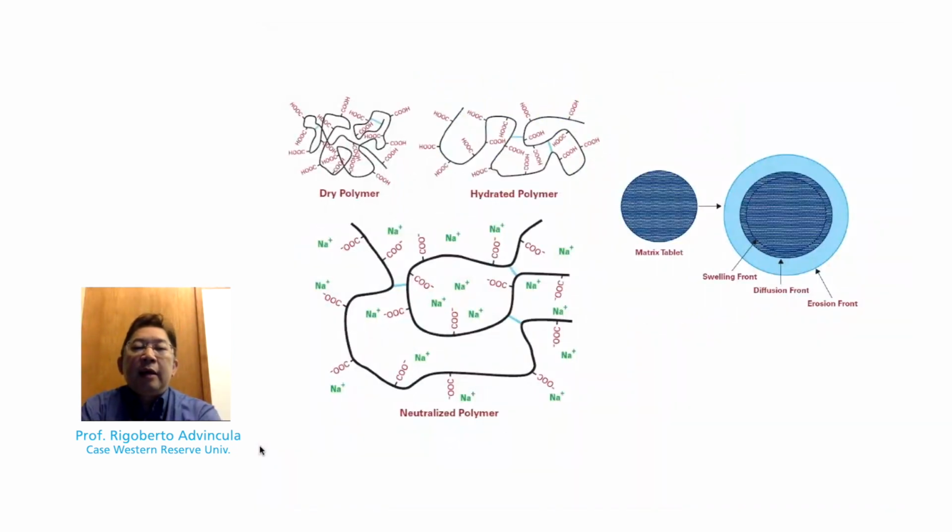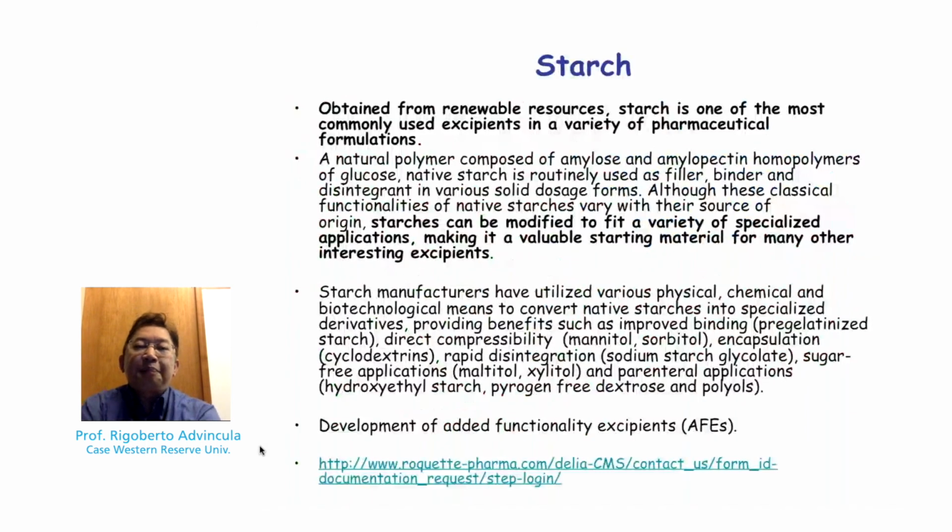So here's a picture of how these hydrated polymers can be added with the matrix tablet. It essentially allows the controlled swelling and even protection of the drug, such that you have a very good passage when ingested, let's say, with the gastric fluids in your body or stomach.